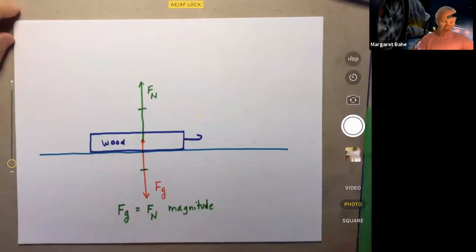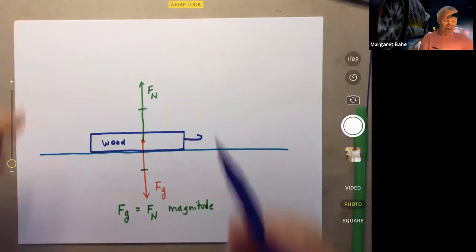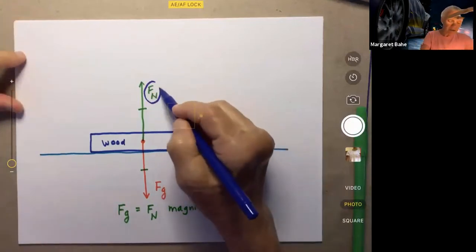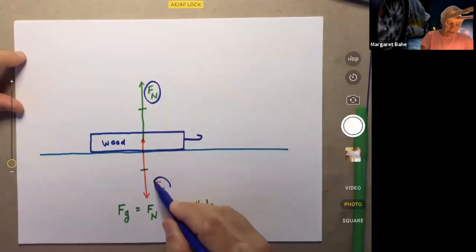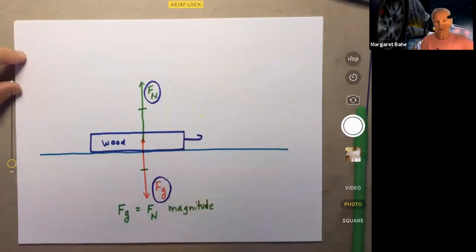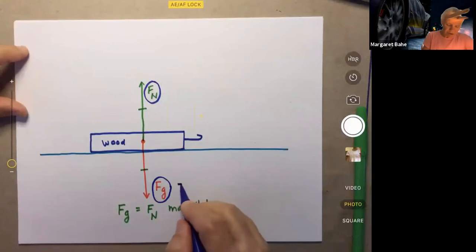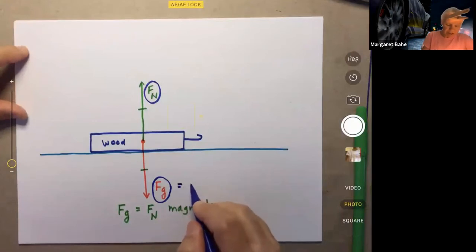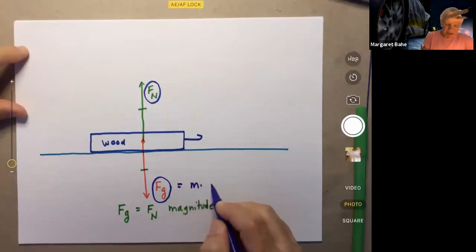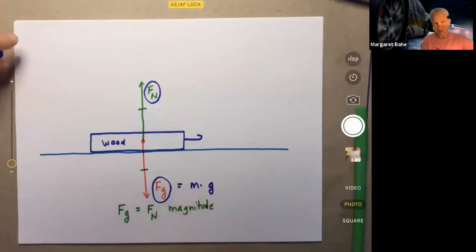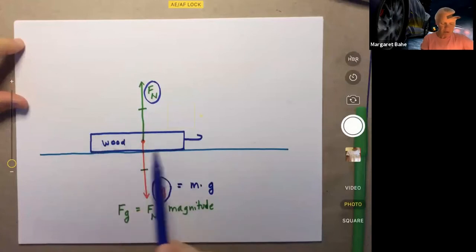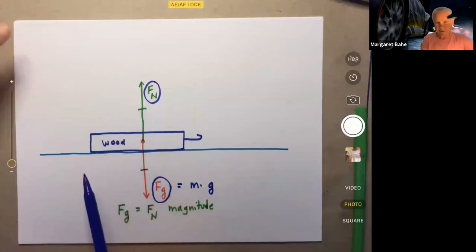And so we can determine the magnitude of the normal force by calculating force due to gravity. And of course, we know that force due to gravity is going to be our mass times little g. So that's going to be pretty easy to figure out. All we're going to need to do is know the mass of our wood plus any other mass that we put on top of our wood there.